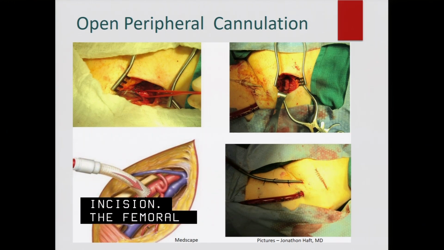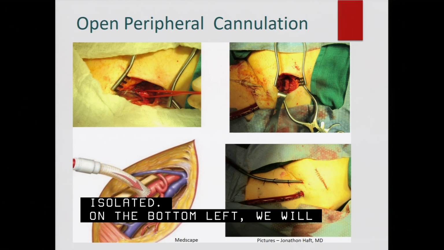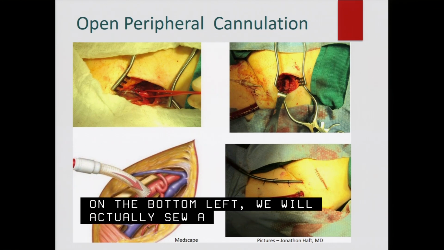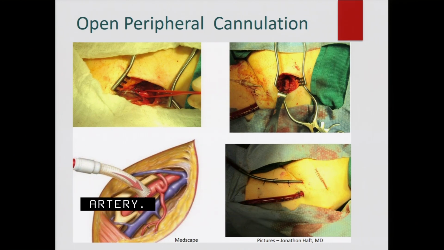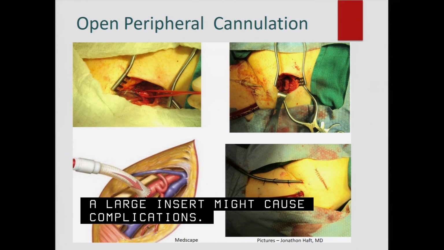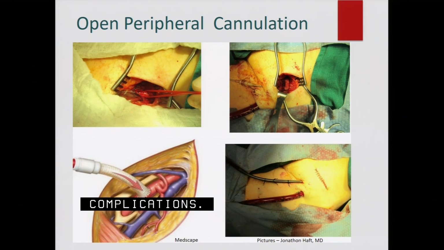In the bottom left is shown where sometimes we will sew a conduit to the artery, particularly if these arteries are small and we're worried that the large tube we insert might cause complications, either dissection of the vessel or lack of return of blood flow down the leg. Or if the artery will accommodate a cannula directly, we can place a cannula directly in the artery.